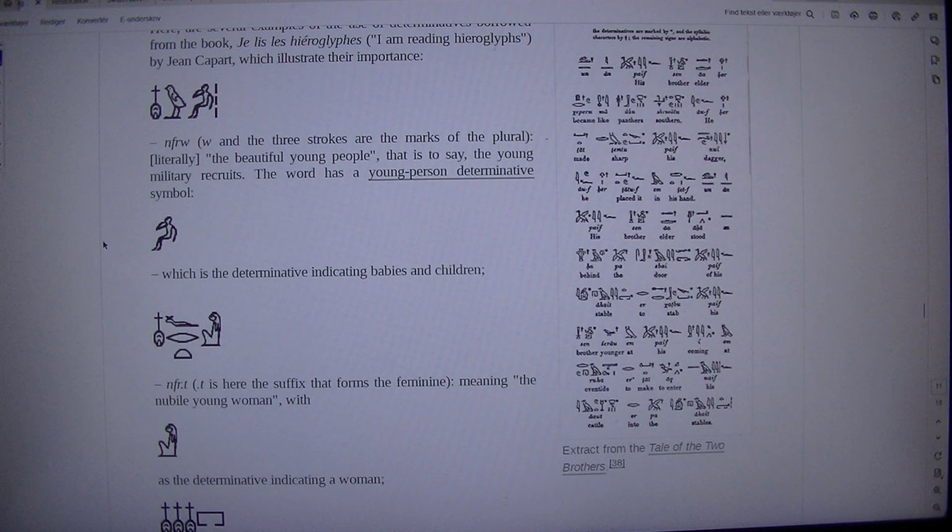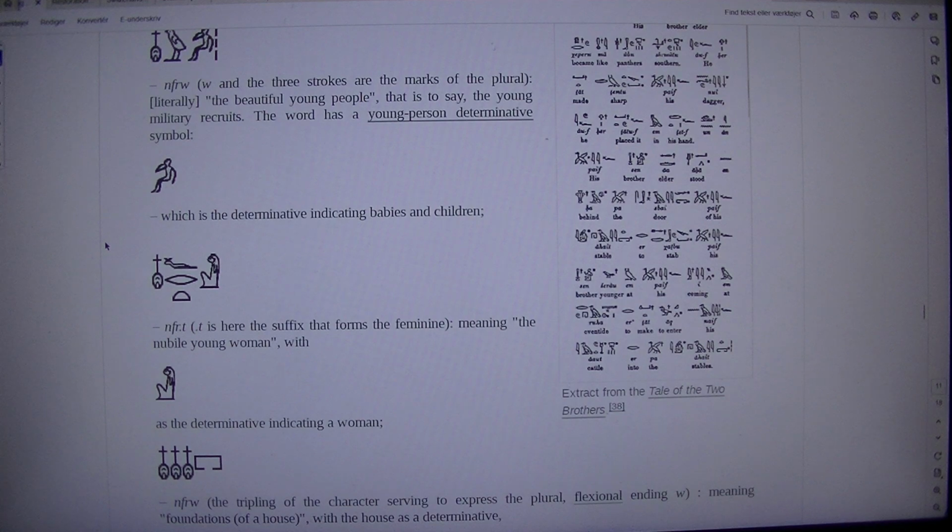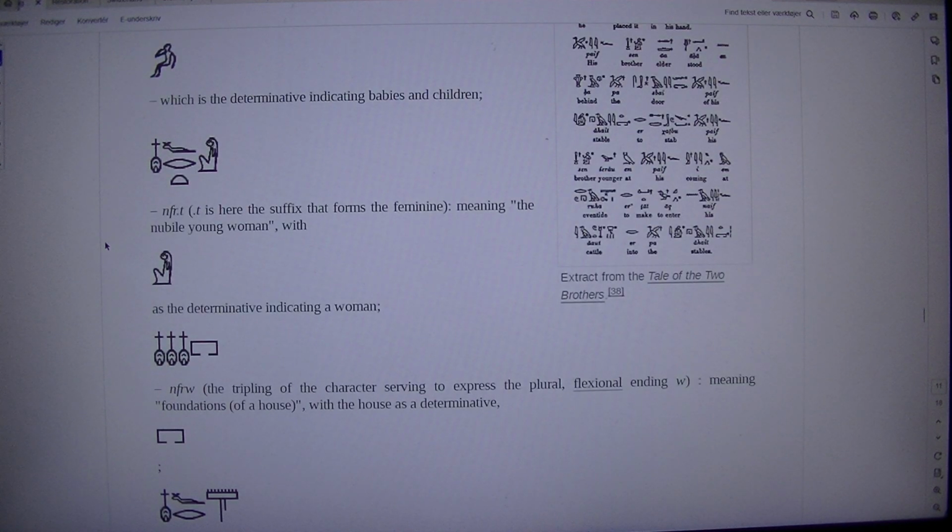The word has a young person determinative symbol A17, which is the determinative indicating babies and children. NFR, F, R, T, B1. NFR.T. T is here the suffix that forms the feminine, meaning nubile young woman, with B1 as the determinative indicating a woman.